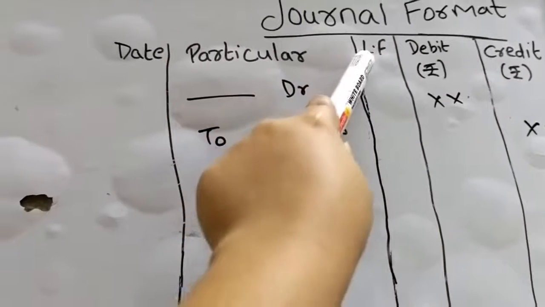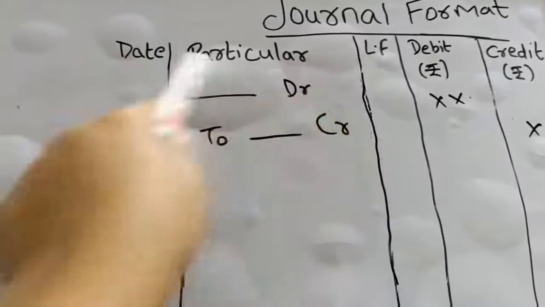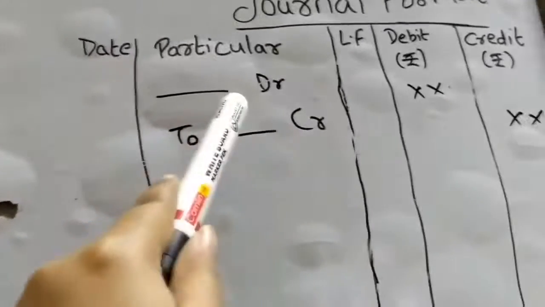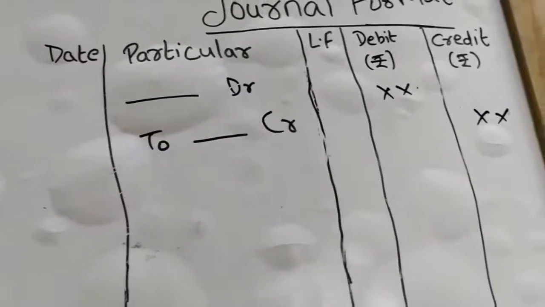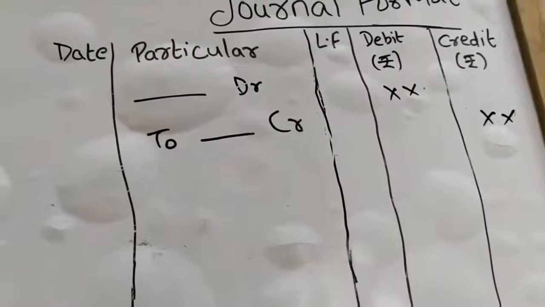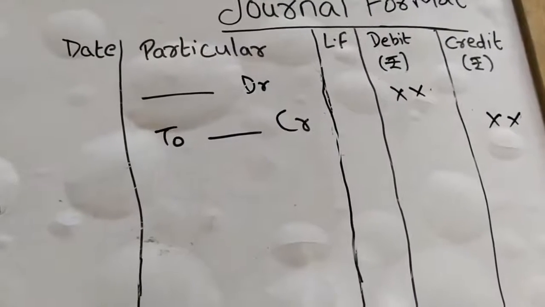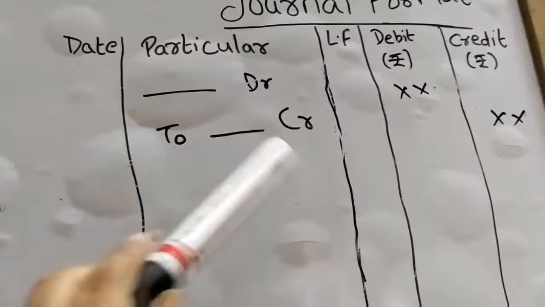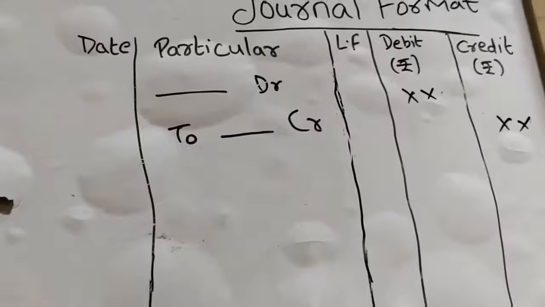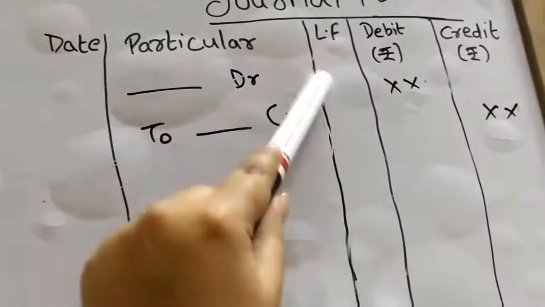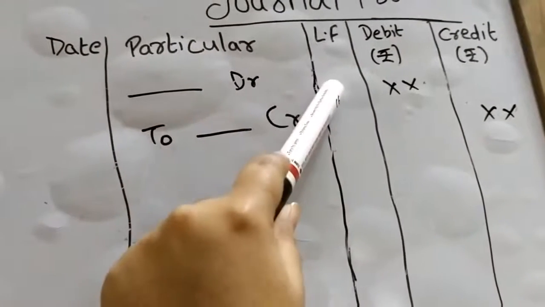LF is the ledger folio. Now after making an entry, you post it in a book called the ledger. That we will learn in the other chapter. For right now, you just have to remember the page number of that ledger book. You write it in this column, which is known as the ledger folio.